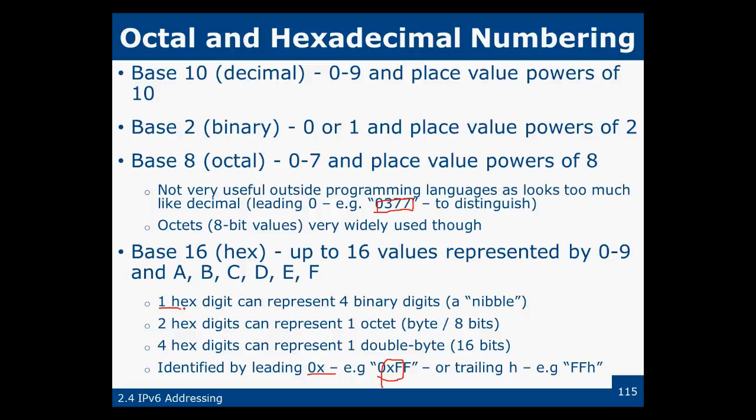One hex digit, 1, 2, 3, 4, 5, 6, 7, 8, 9, A, B, C, D, E, F, is a 4-bit binary number, and it's called a nibble.